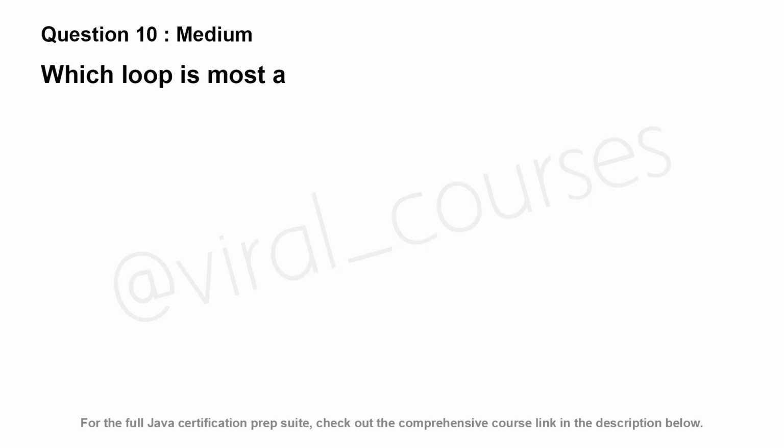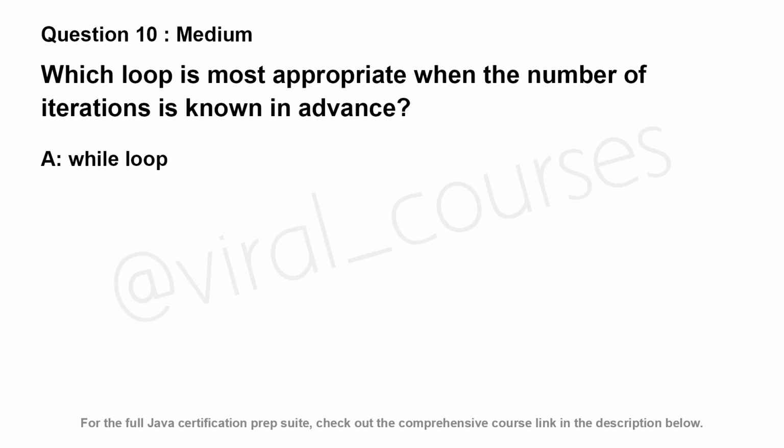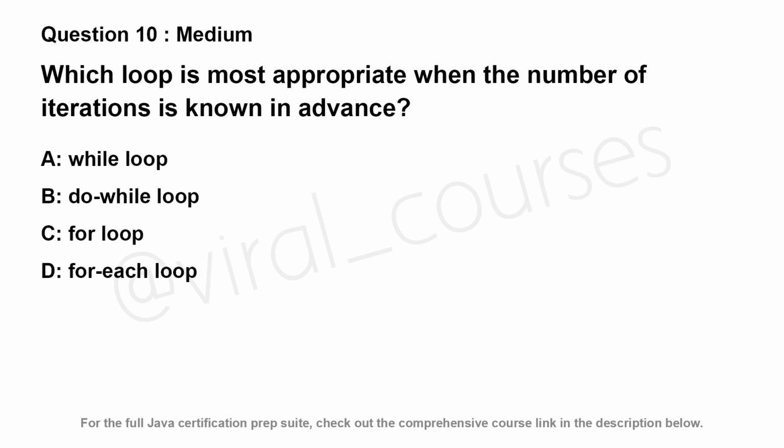Which loop is most appropriate when the number of iterations is known in advance? Option A, while loop. Option B, do-while loop. Option C, for loop. Option D, for-each loop.